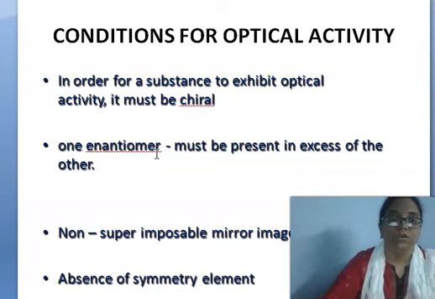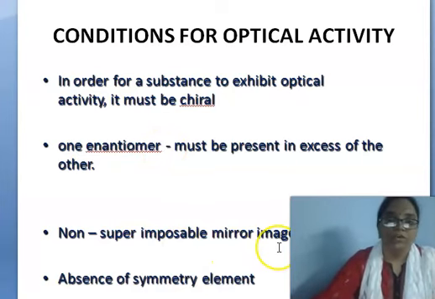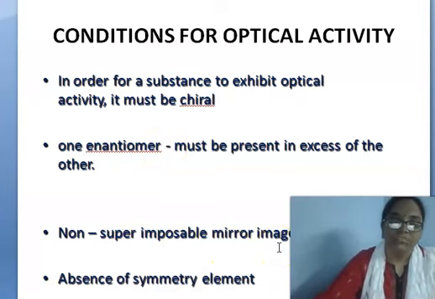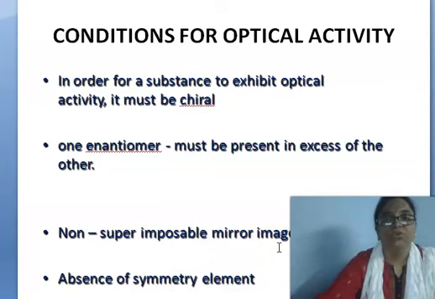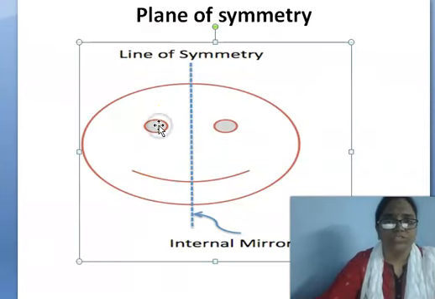They must have a mirror image relationship, but be non-superimposable mirror images. And there should not be any elements of symmetry. These are the conditions for a molecule to be optically active.